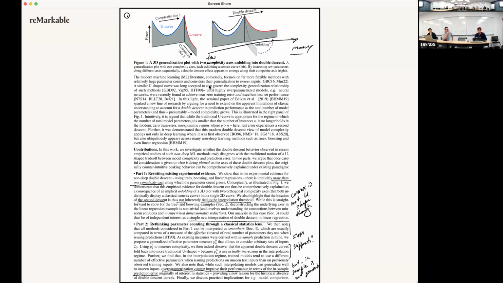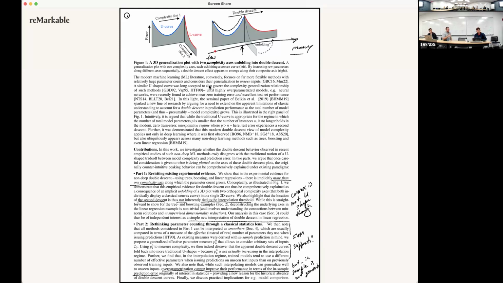And the story by Belkin et al., or at least my reading of this story, is that people just didn't look past this point because we didn't have enough computational resources. We didn't have a reason to go and work with models with large sets of parameters.